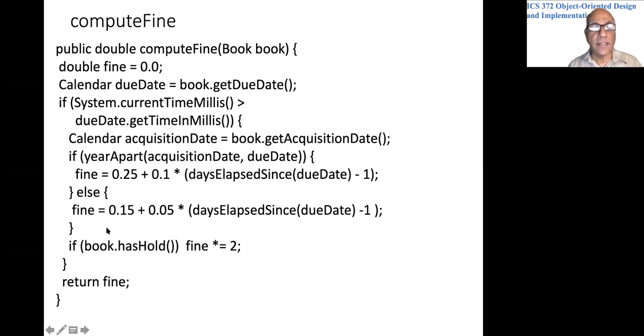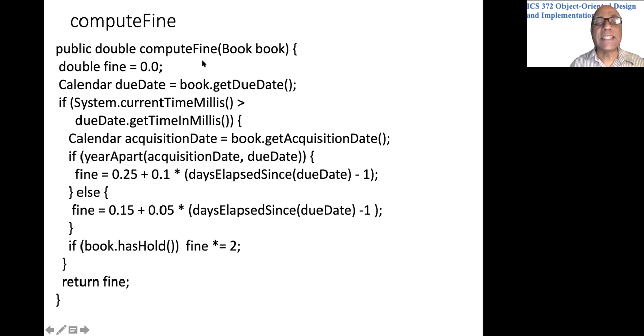Everything else is basically stuff that we can get from anywhere, like these constants and stuff like that. Book.hasHold. This local variable doesn't matter. So all the relevant data are found in the book object.